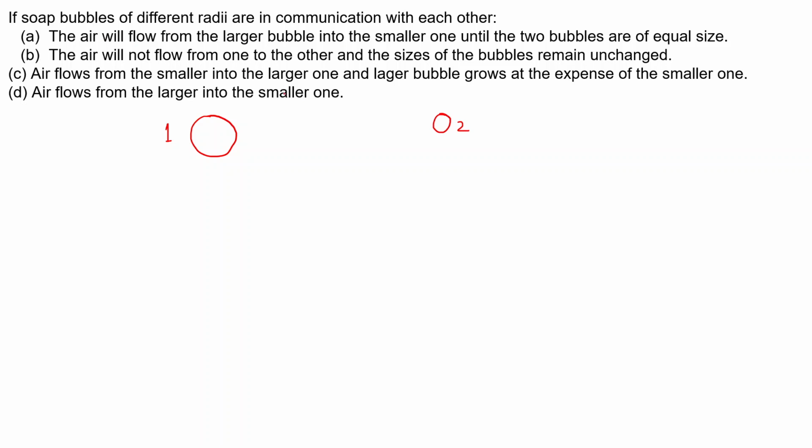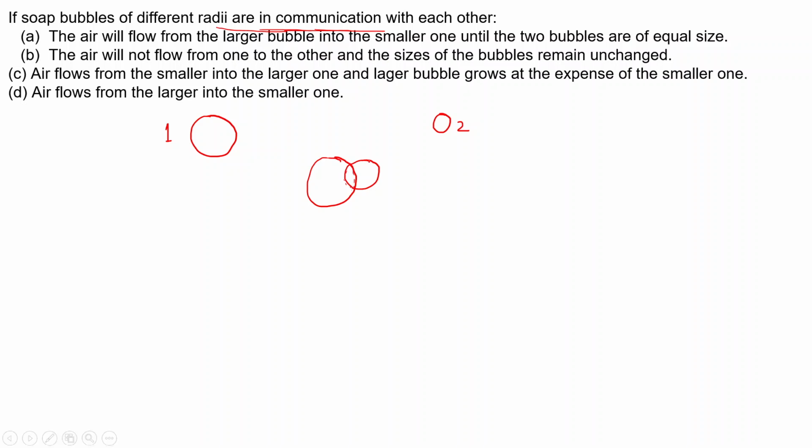We have been given 4 options and we need to find out which one would be the correct option. These two soap bubbles are in communication with each other, means they are attached, something like this. This is bubble 1 and this is bubble 2, and they are attached.